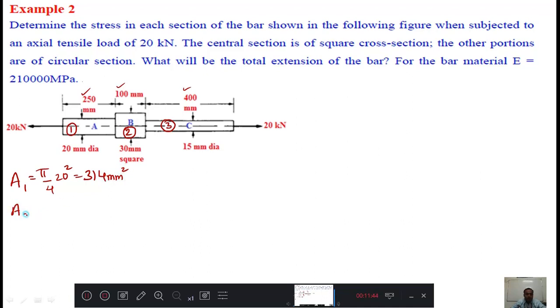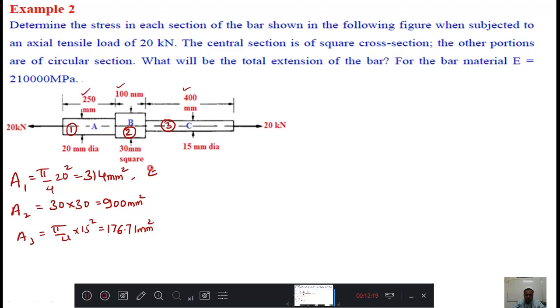Then A2 is a square cross section, therefore 30 into 30, which is 900 mm square. Then A3 is again pi by 4 into 15 square, that is pi by 4 into 15 into 15, that is 176.71 mm square. You got the areas.